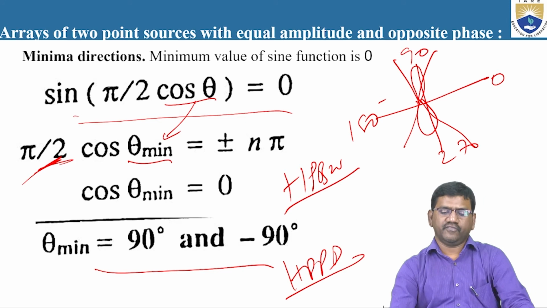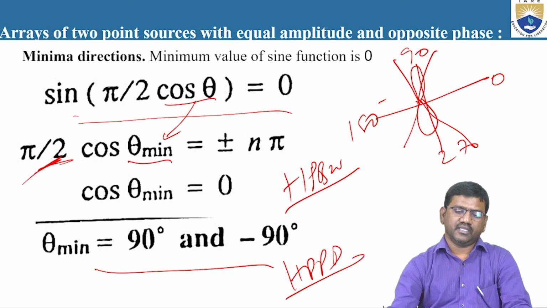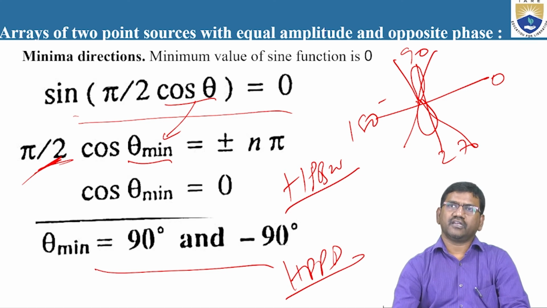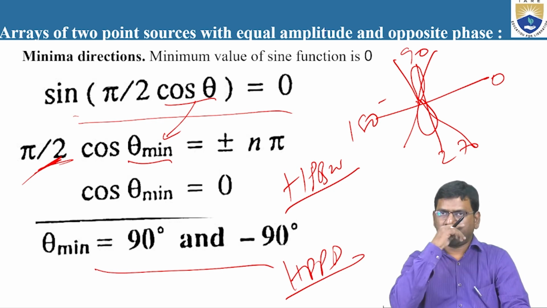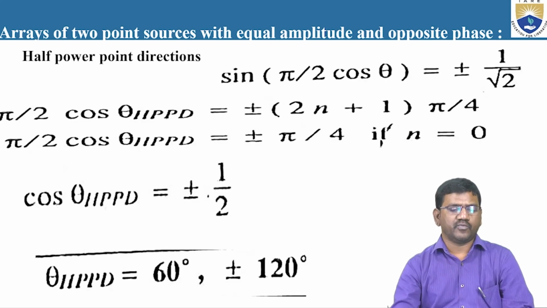So half power beam width or half power point distribution, let us find out. The maximum power distribution exactly at half of the major lobe is known as half power beam width. At half power points of the major lobe it is drawn as a half power point distribution or half power beam width.